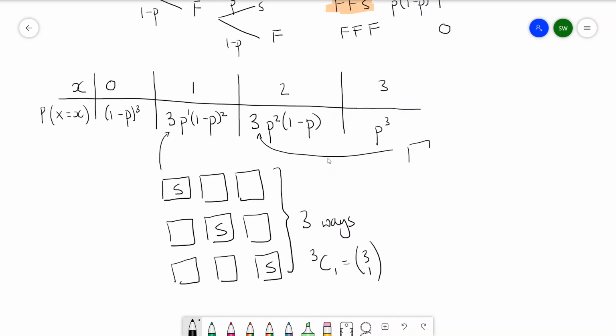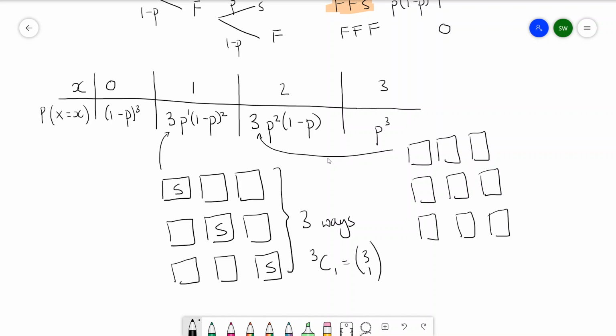So again, you can think about this as we've got 3 trials, and we want to work out how many different ways there are of choosing 2 of the trials to be a success. So you can see from our tree diagram, you could either choose the first 2 to be a success, the first and the last one to be a success, or the last 2 to be a success. So again, there's 3 ways of doing this.